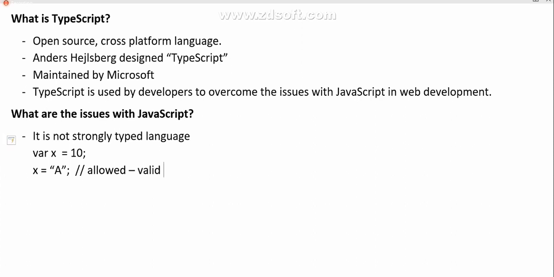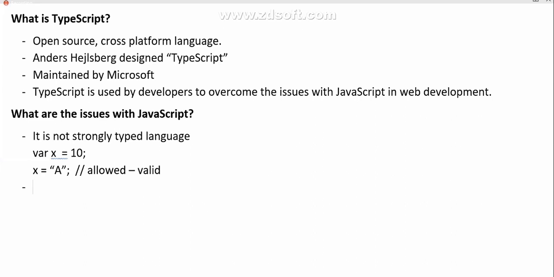So contradictory types of data can be stored. In order to restrict to only number or only string, we have to explicitly write the logic for that. That is one main problem with JavaScript, not being strongly typed.